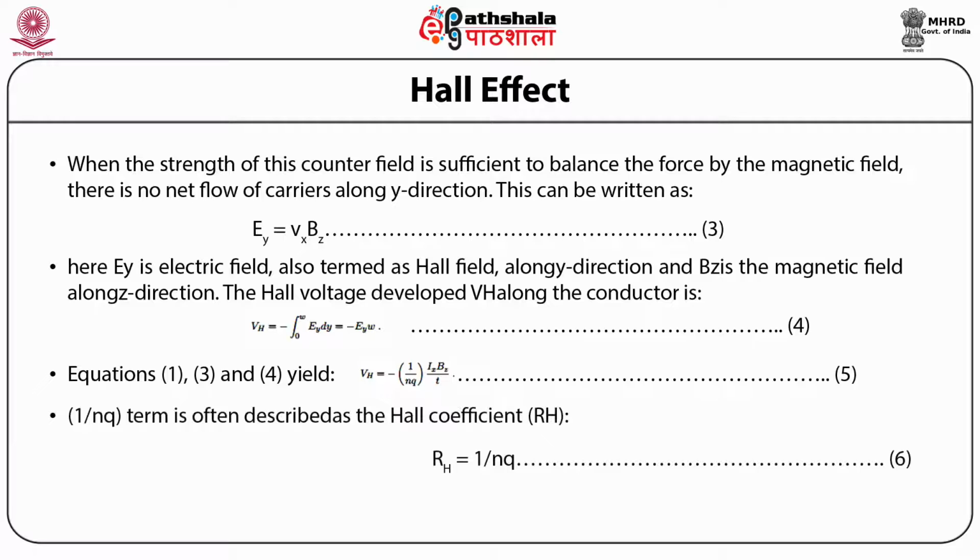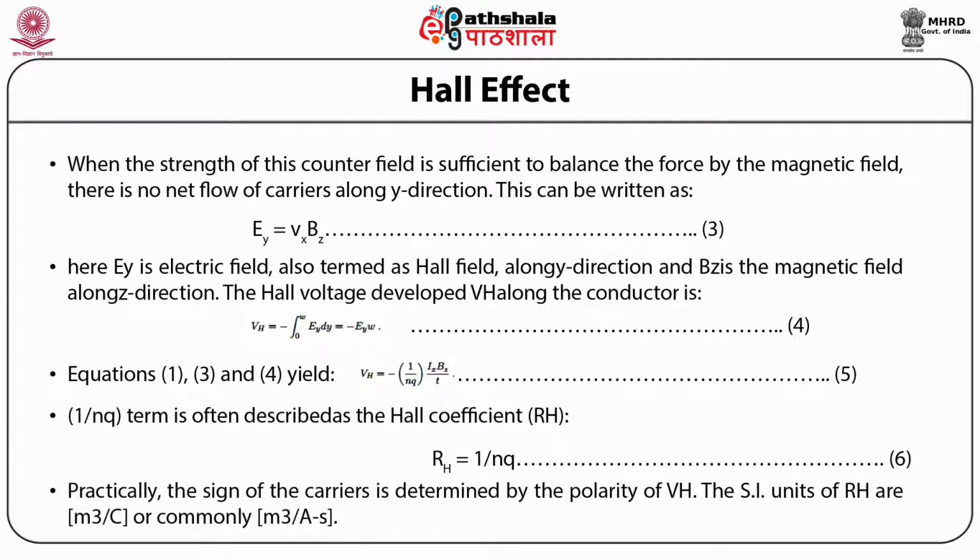The 1 by Nq term is often described as the Hall coefficient Rh. That is, Rh equals 1 by Nq, and is represented as equation 6. The sign of the Hall coefficient depends on the type of carriers, such that it is positive for positive charge carriers and negative for negative charge carriers.